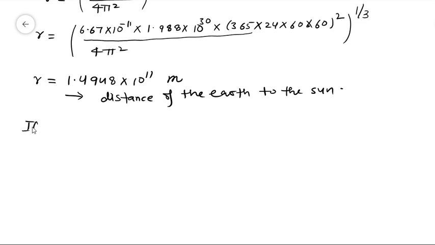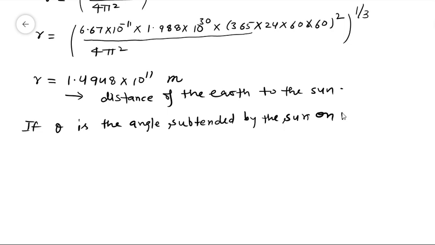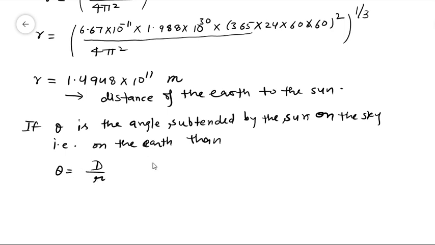If theta is the angle subtended by the sun on the sky, that is on the earth, then theta can be written as d by r, where d equals the diameter of the sun.